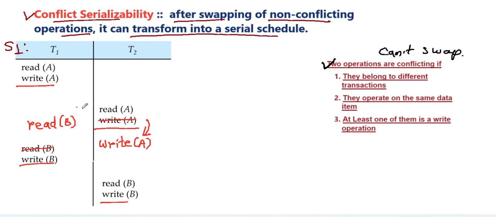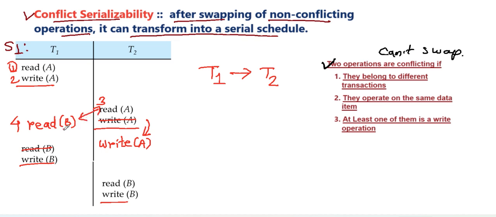Now we are trying to convert it into all the instructions of T1 and then all the instructions of T2. The sequence is like this: first instruction, second, third, fourth. We will try to swap these two, this read and this read.